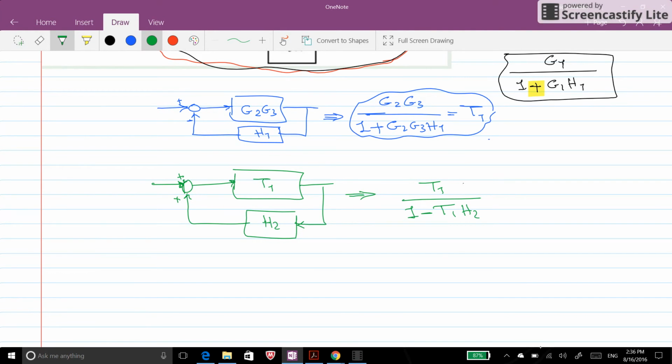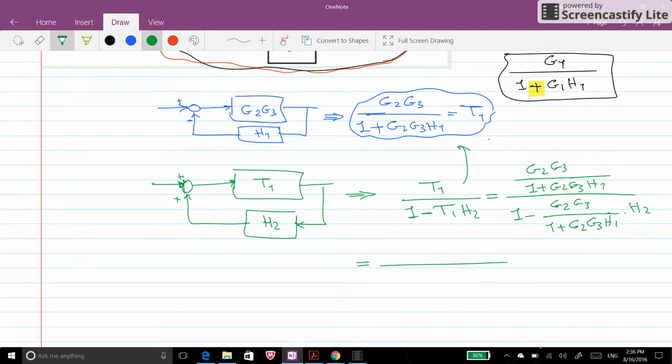And if we replace T1 with this expression, we will get G2 G3 over 1 plus G2 G3 H1, divided by 1 minus the same expression, G2 G3 over 1 plus G2 G3 H1, times H2. And if you simplify it, we will get this expression: G2 G3 over 1 plus G2 G3 H1 minus G2 G3 H2.